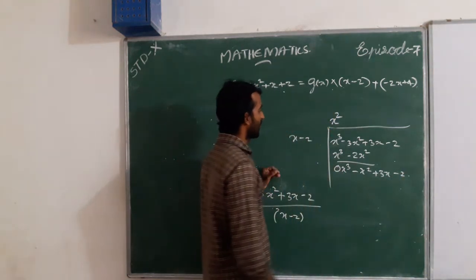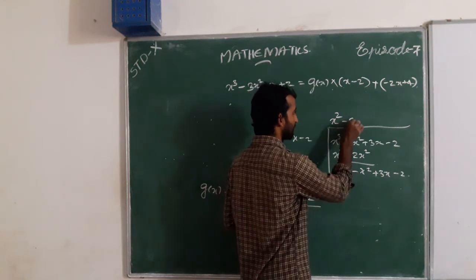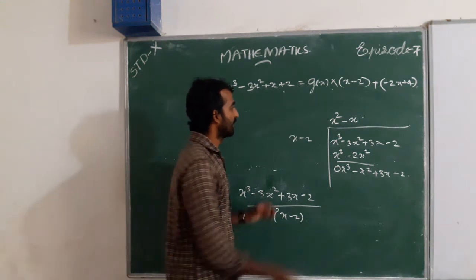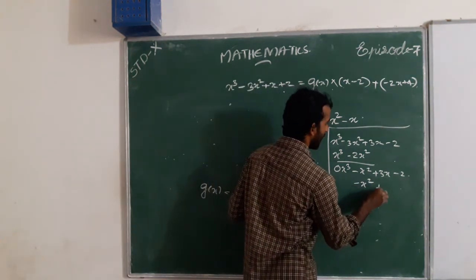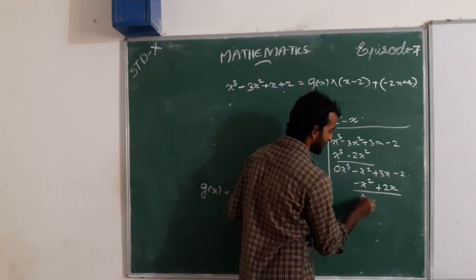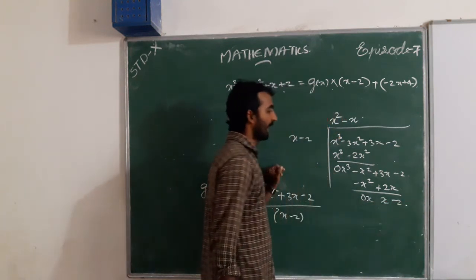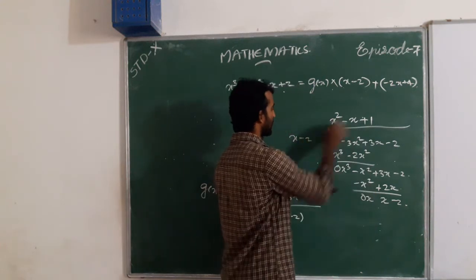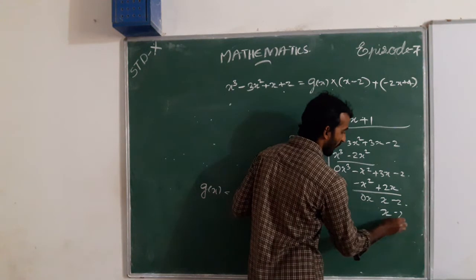Next we get minus x square plus 2x, and the answer is 0 x minus 2, that is plus 1 into x we get x, 1 into minus 2 we get minus 2.